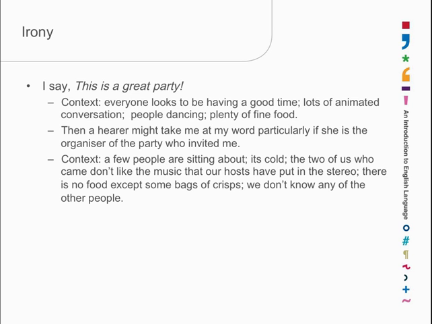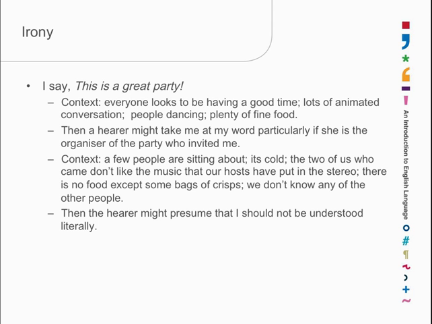But let's suppose we take another context. A few people are sitting about. It's cold. The two of us who came don't like the music that our hosts have put on the stereo. There's no food except some bags of crisps, and we don't know any of the other people, etc. And this time I say to my partner, the one I came to the party with, "This is a great party."